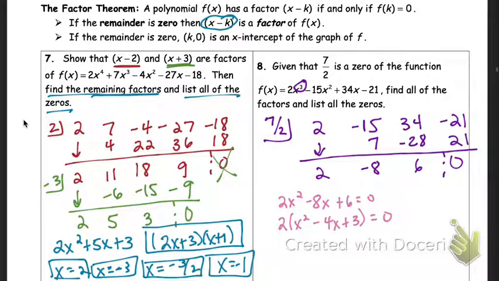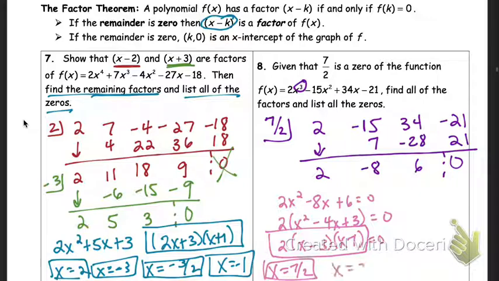And guess what? Once I factor out the GCF, hopefully you're going to notice, oh, that's an easy factoring right there. X minus 3, x minus 1. So I've got my other remaining factors. And then my zeros are x equals 7 halves, x equals 3, and x equals 1.